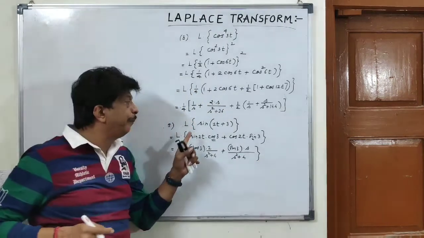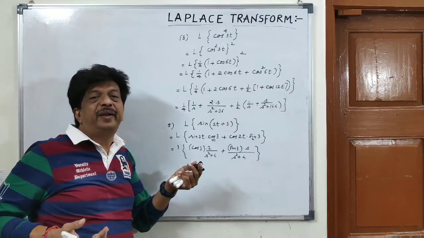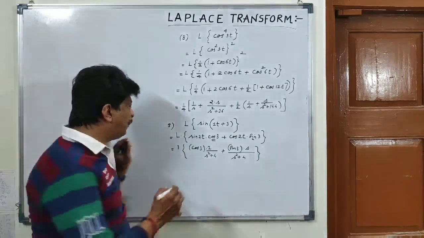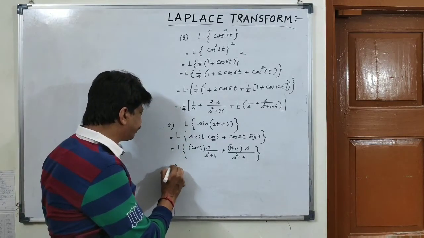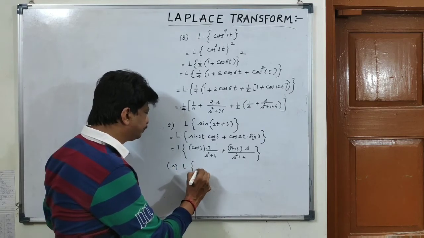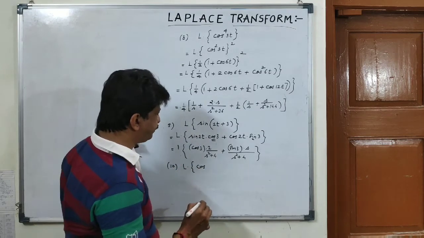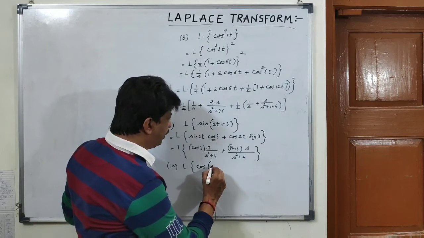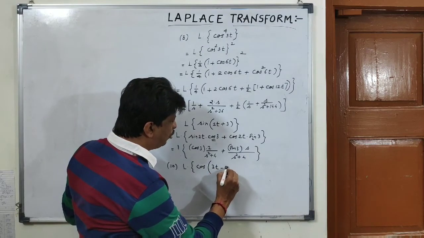Similarly, cos of 3t minus 5. What is the Laplace transform of cos of 3t minus 5?